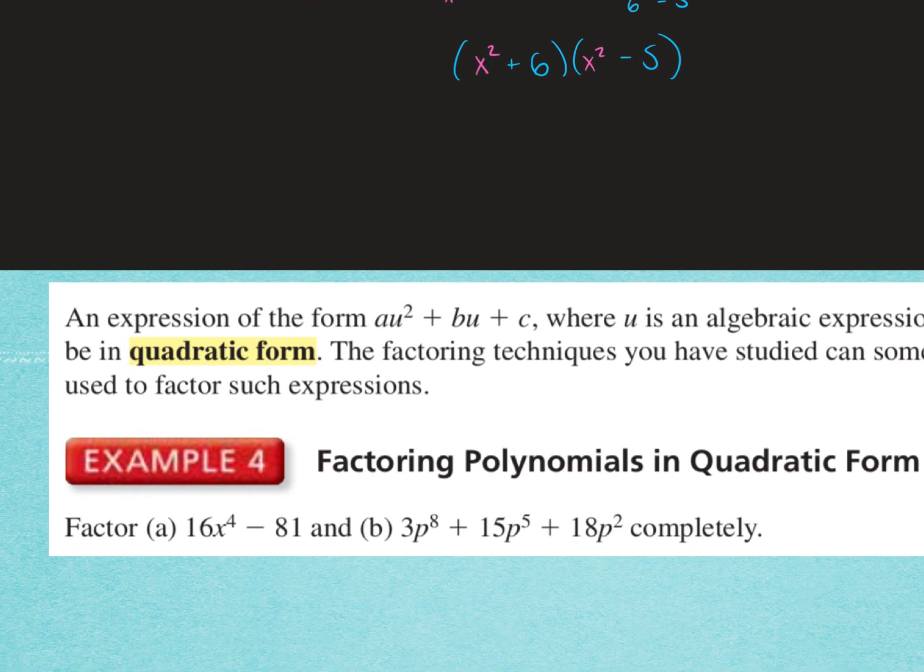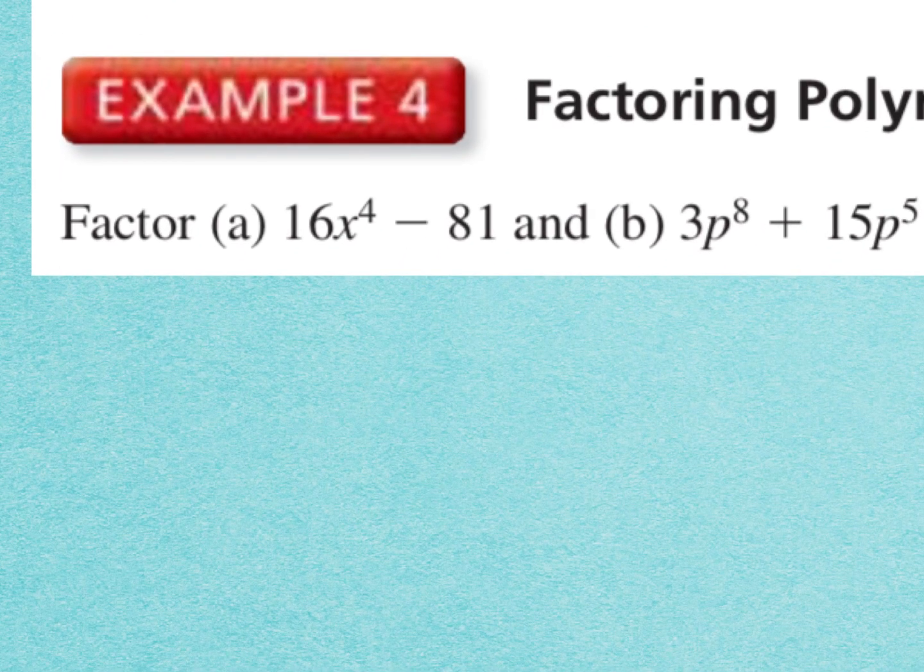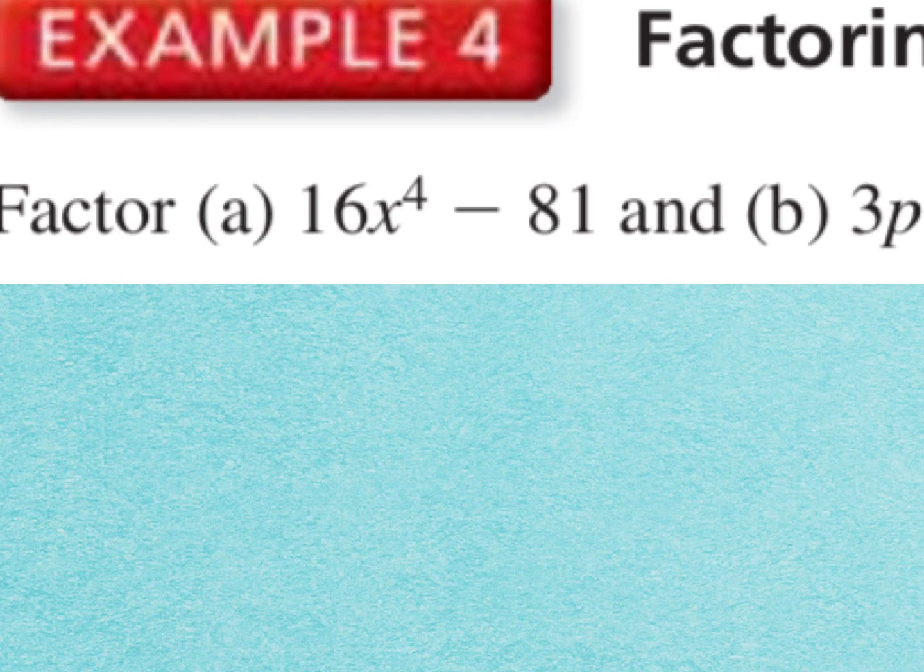All right, so let's look at example A. What do we notice that's special about 16x to the 4th power and 81? They're both perfect squares, so this is the difference of squares.